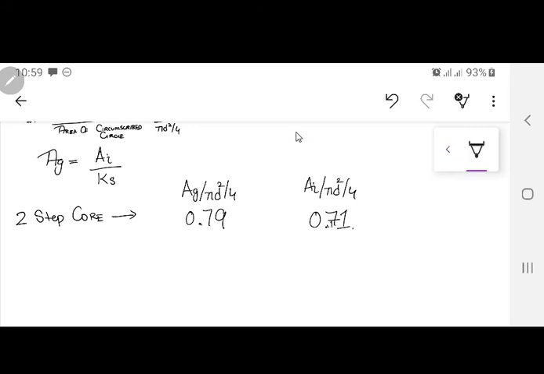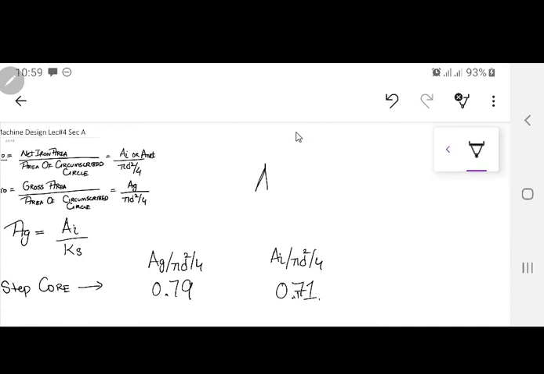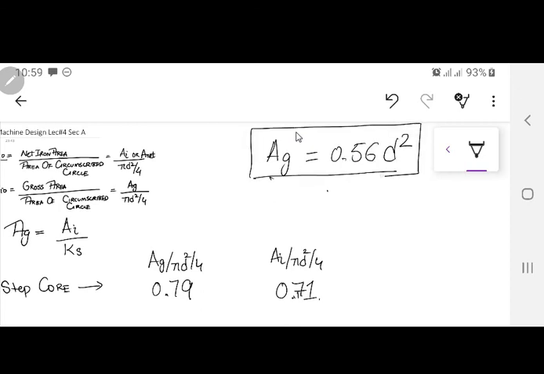If you are using a two-step core, the formula that was proven at that time, actually not this one, let me go with the other one, you have AG equal to 0.56 d square. Now if it was a two-step core, how was this formula proven?